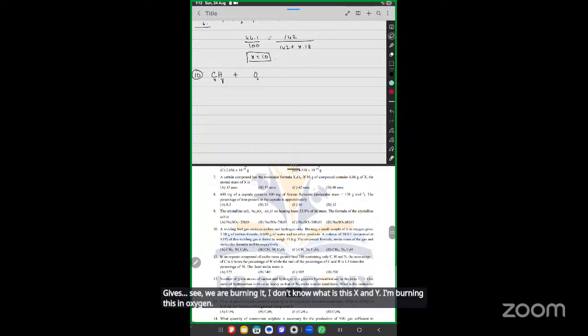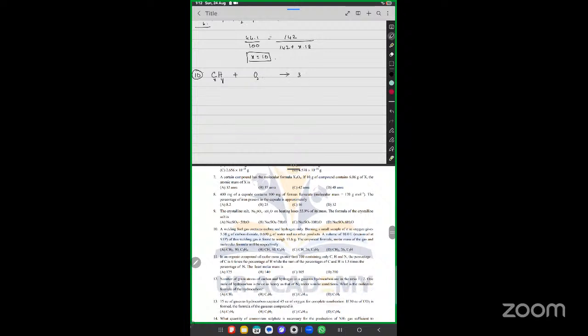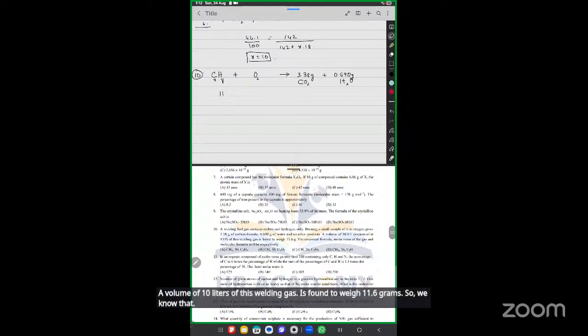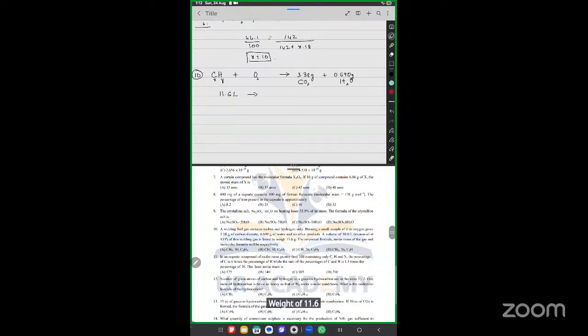Burning a small sample of it in oxygen gives 3.38 grams of CO2 plus 0.690 grams of H2O, and no other products are obtained. A volume of 10 liters of this welding gas is found to weigh 11.6 grams. So we know that 10 liters of this hydrocarbon gas weighs 11.6 grams.